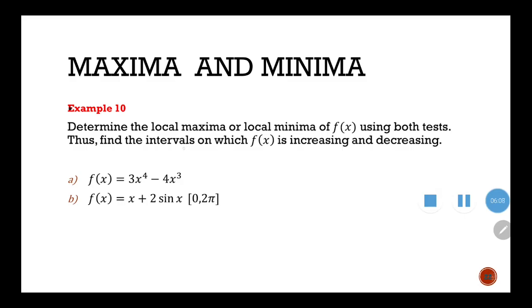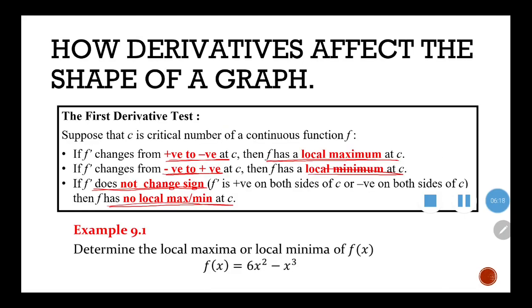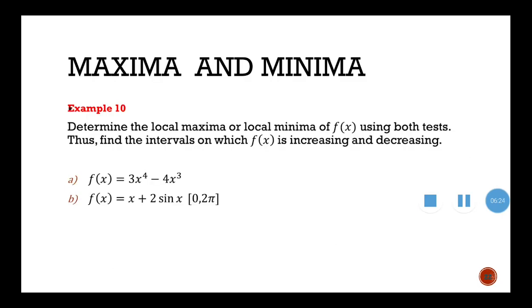Example 10 wants us to find the local maxima and local minima of f(x) using both tests. What are both tests? This is the first test and this is the second test. Okay, so now for this one, I'm going to do the first test.